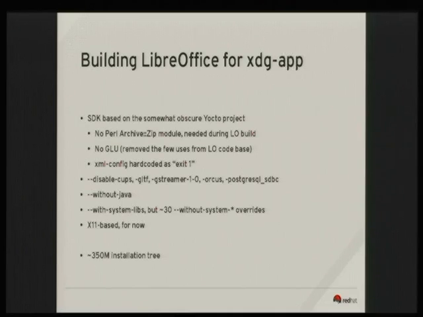Then there's the SDK complementing that, where you also have the devel headers available, which you don't need at runtime, of course, but for actually building. It is based on some project that is a bit different from what you know from other Linux distros.